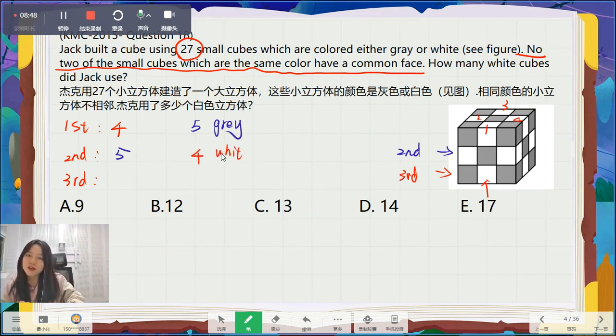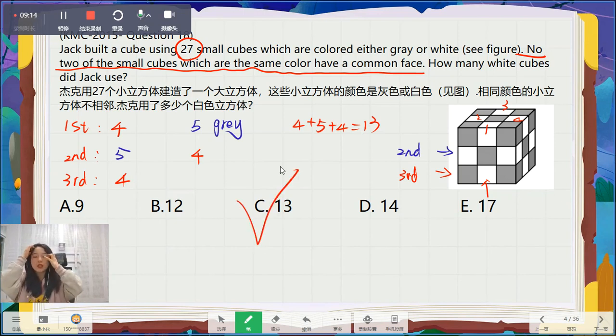There are 4 gray cubes in the second layer. So that means there are 4 white cubes in the third layer. We just need to add the 3 numbers together. We can get, okay, so that is 13. Okay, there must be 13 white cubes altogether in the figure.